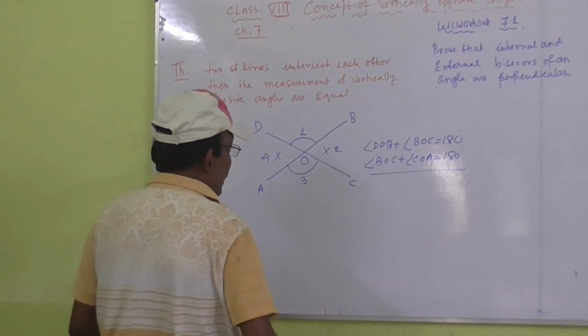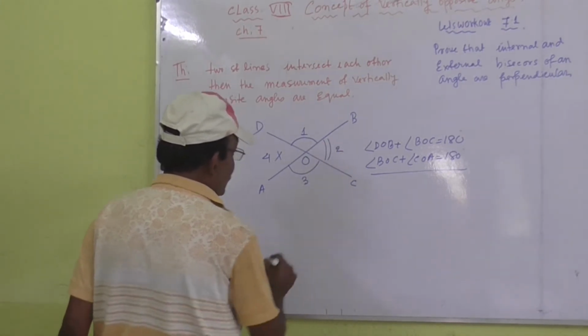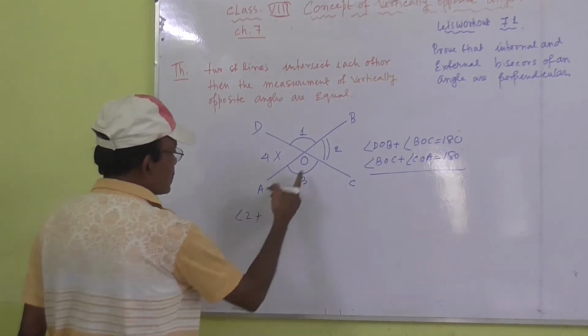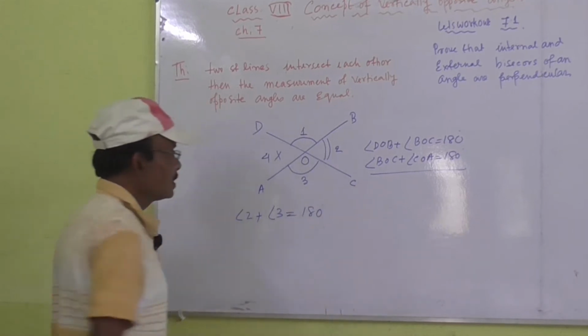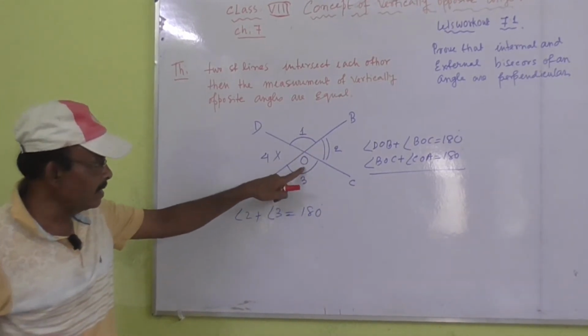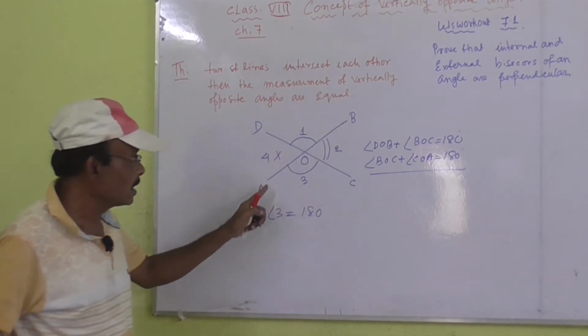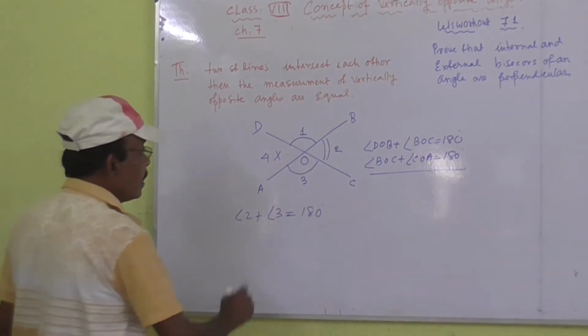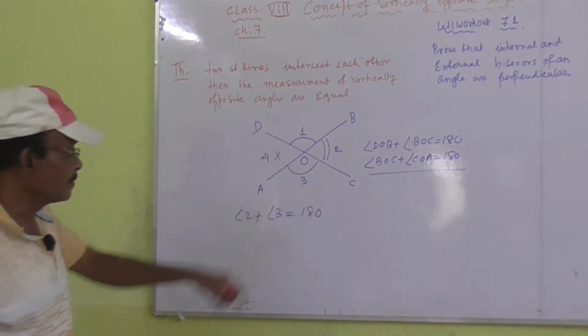Next, angle 2, that means this angle plus this angle equal to 180 degrees. Clear? This angle and this angle are 180 degrees, because OC stands on AB and also AO stands on DC.